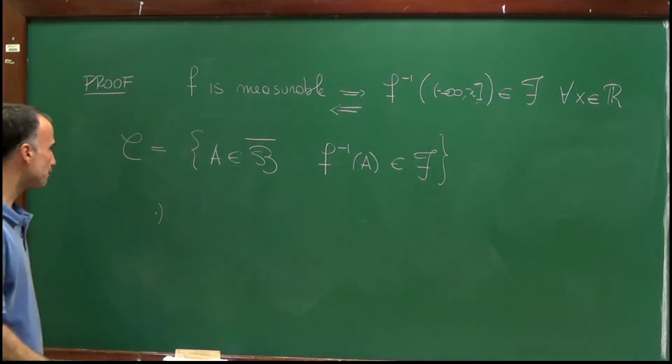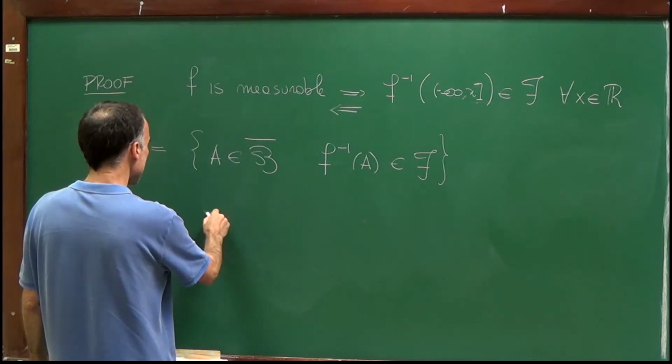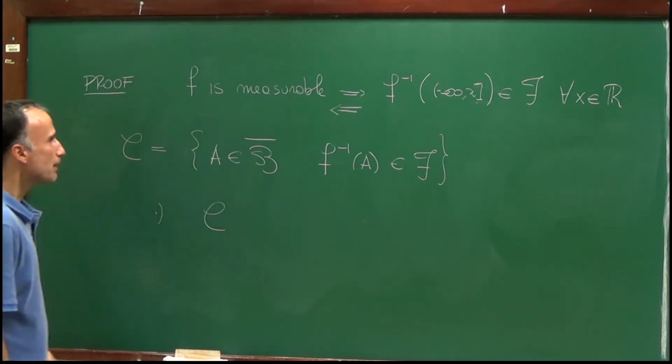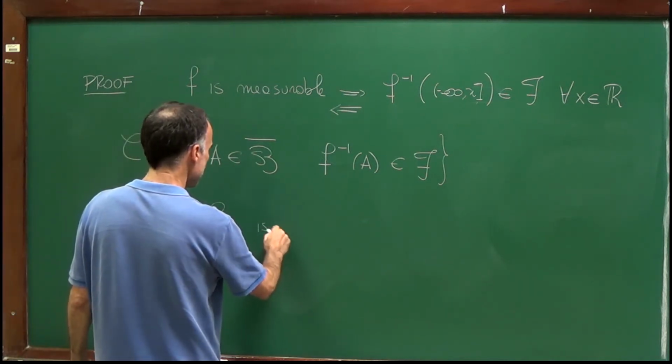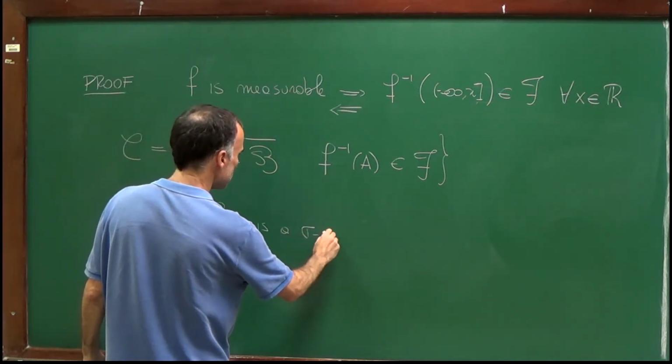The first one is that it forms a sigma algebra, so that C is a sigma algebra.